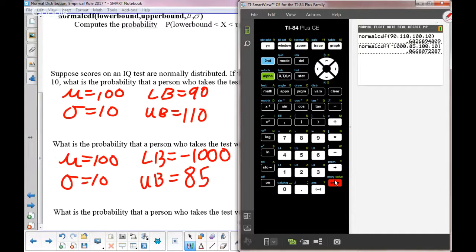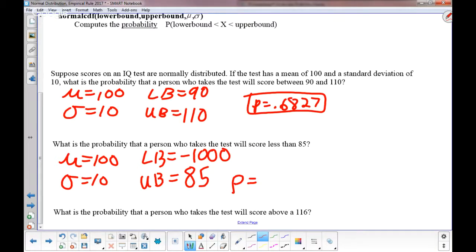So my probability is equal to 0.0668, or 6.68%. So to score less than 85, only 6.68% of the population does it. That's pretty standard. If you're not that great, you'll notice 68% scores between 90 and 110.